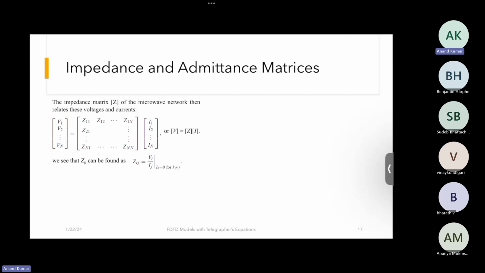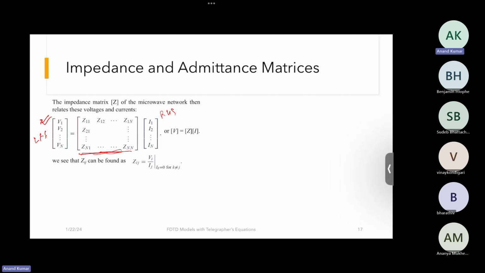Now, the impedance matrix is given by this relationship. If you arrange the voltages on the LHS in one column and the currents on the RHS, and you put this matrix over here, this gives you the impedance matrix, where each entry can be calculated in this fashion.